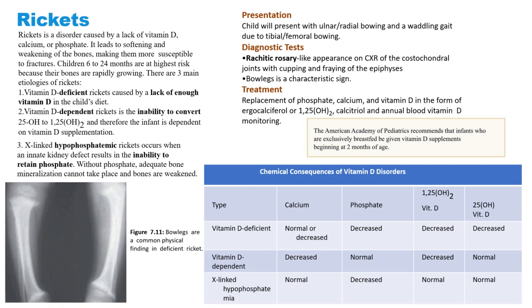Let's start from the first one. Vitamin D deficient. The calcium is normal or decreased. The phosphate is decreased. 1,25-OH2 vitamin D is decreased, and 25-OH vitamin D is also decreased. So everything is decreased here. We have to remember. Vitamin D dependent, number 2.